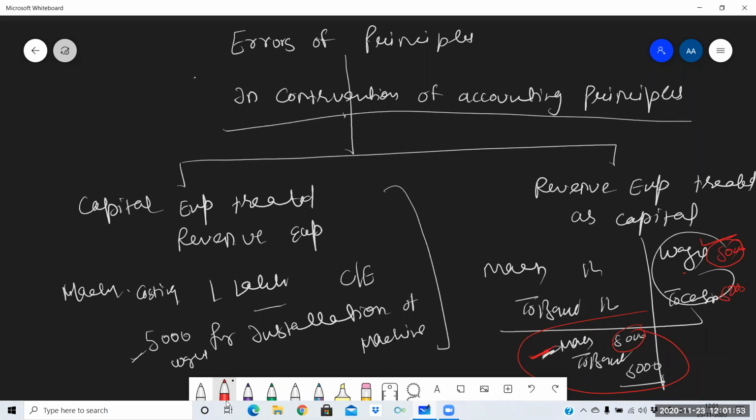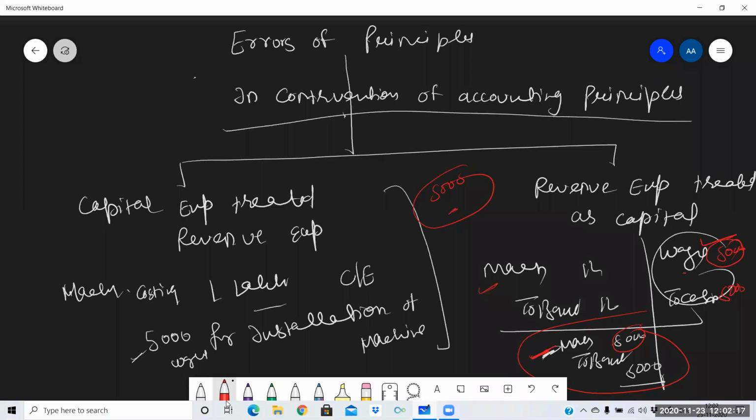And vice versa. Suppose in future we have paid 5,000 rupees for the repair of the machine. Repair of machine is a revenue expenditure, but by mistake the accountant has added it to the cost of the machine. He has passed the entry machinery to bank, but he was supposed to pass the entry repair to bank. So revenue expenditure is treated as capital.